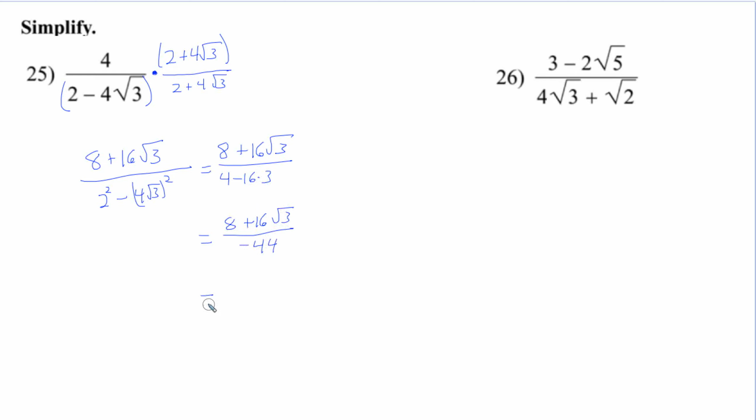And now here's where we can simplify, because 4 goes in each of these. So we can reduce 4 with each one of these. 4 goes into 8 twice, 4 goes into 16 4 times, and 4 goes into negative 44 negative 11 times. So the answer is 2 plus 4 root 3 all over negative 11.